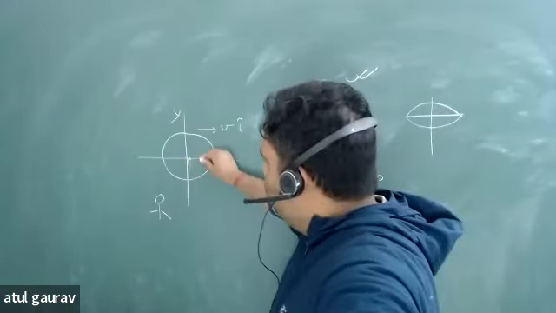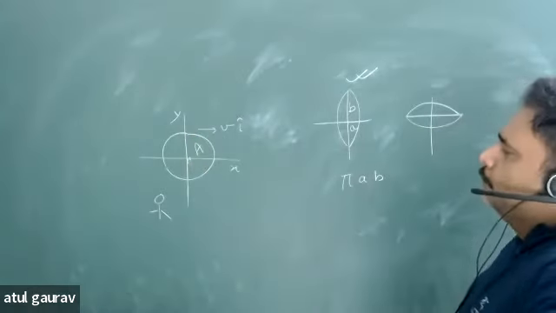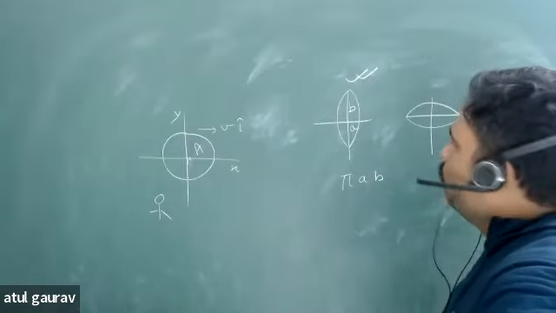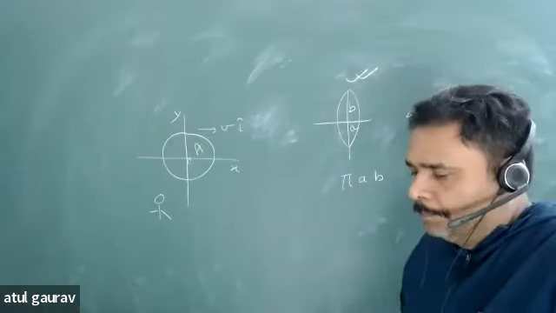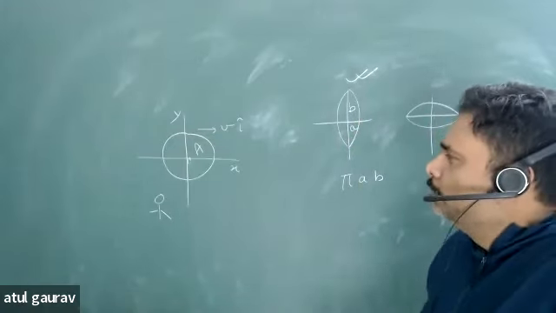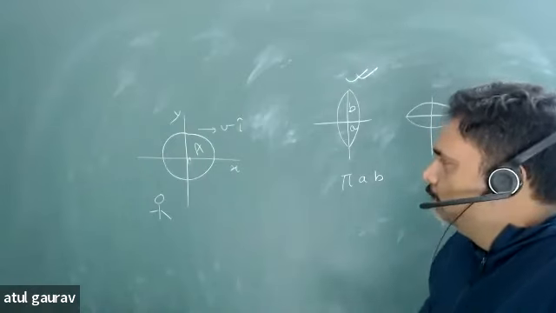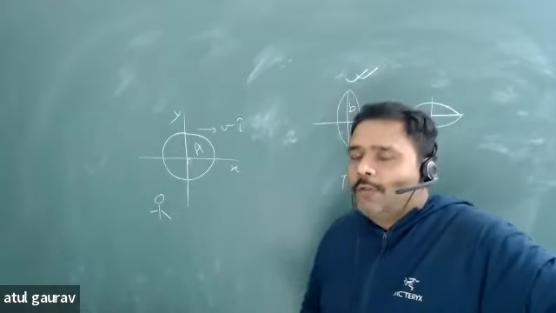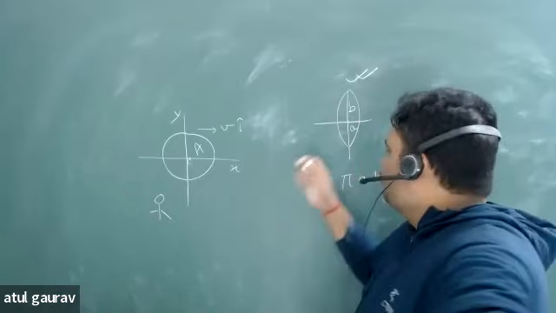Here is the trick. What will be the area of a circle? Pi r square. So what should be the radius of this particular circle? Think and tell me. Can you tell from the figure?